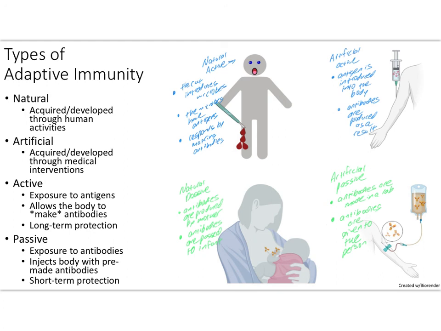This type of immunity is often used to prevent infection when someone's been exposed to some kind of very dangerous agent that they probably don't have antibodies to. A good example is rabies exposure, because the majority of humans in the world do not have antibodies to the rabies virus. And when they get exposed to it, it's very important to protect them from that infection.